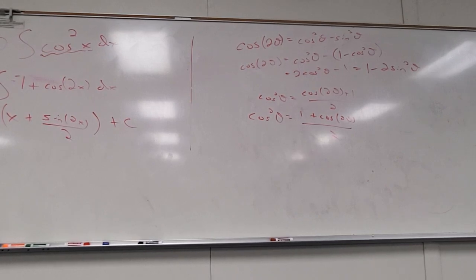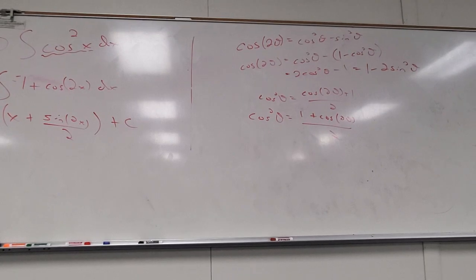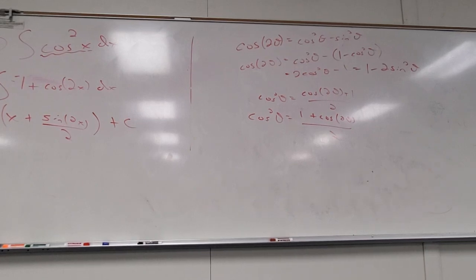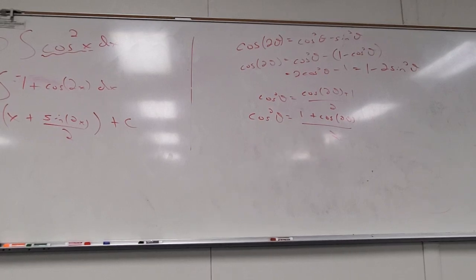Now notice the next form involves tangents and secants, which makes sense. But what's the derivative of secant? Secant tangent. I love it. And what's the derivative of tangent? Secant squared. That's easy. Since their derivatives are based on each other, an integral with both in them has specific ways to be done, because they're related just like cosine and sine are.